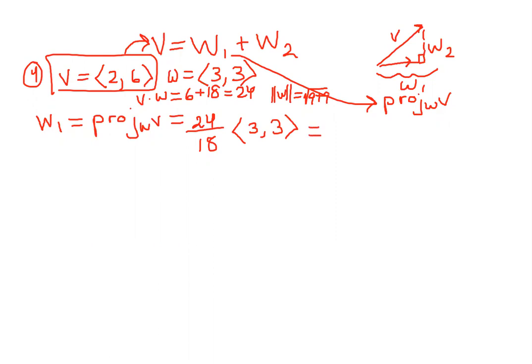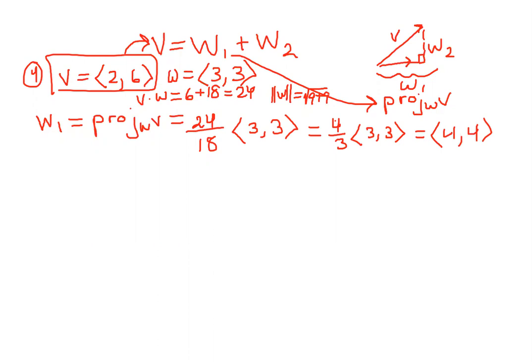So we can reduce 24 over 18 as 4/3. So that just becomes 4, 4.